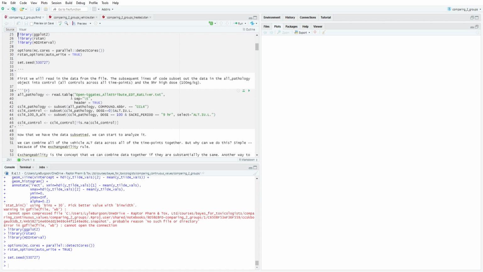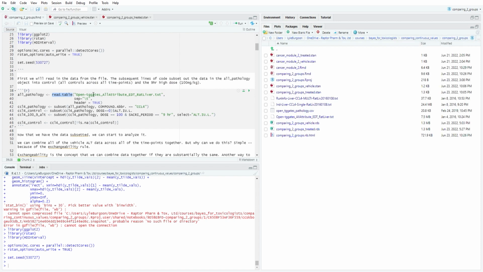What we're going to do this time that's a little different from what we did before is read in a text file. I've got this text file here, and I'm going to use the function read.table. The first parameter into read.table is the file name, and you can see I've got the file name. Let's see here, it should actually be in here.